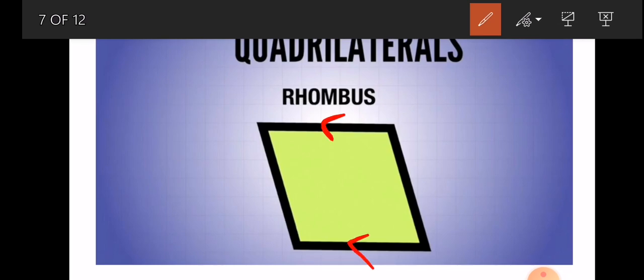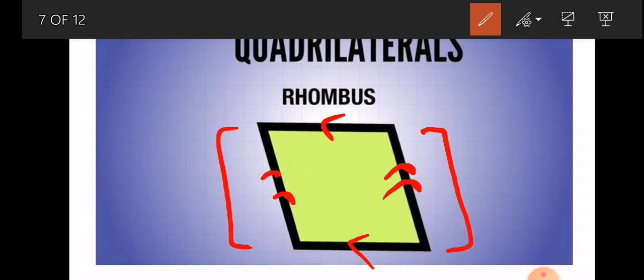This parallel to this, this one parallel to this one. And the rhombus, like the square, has sides that are equal in size. This one equal to this one, this one equal to this one. But is it like the square, that I have four right angles? No, no right angles in my rhombus.